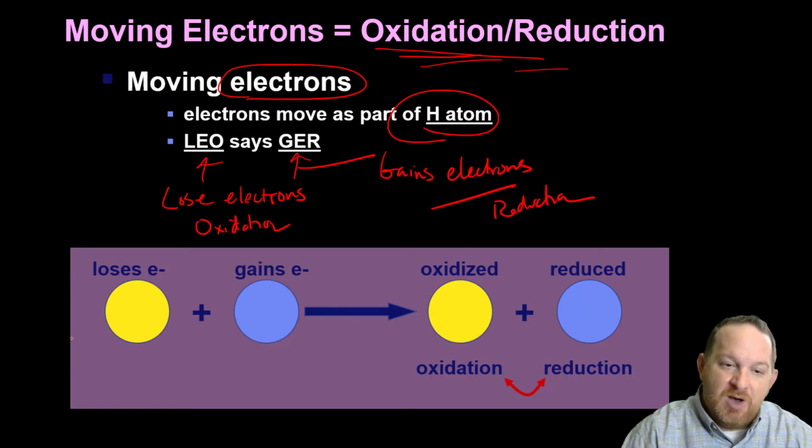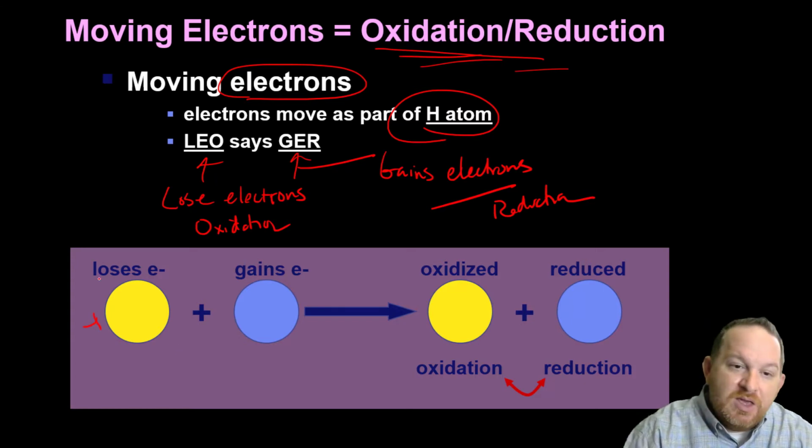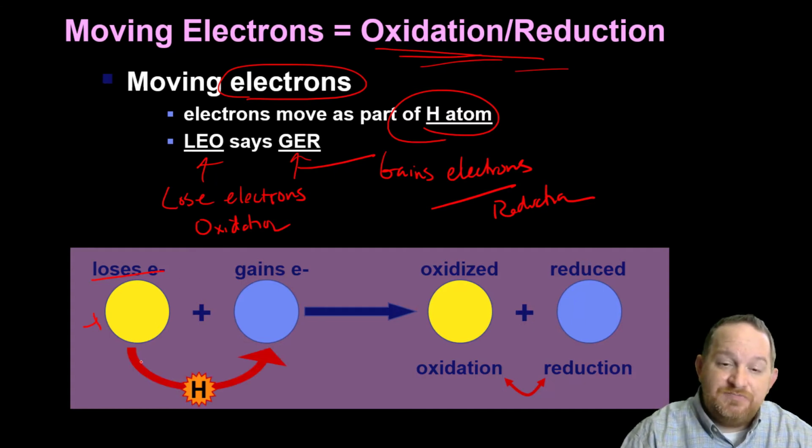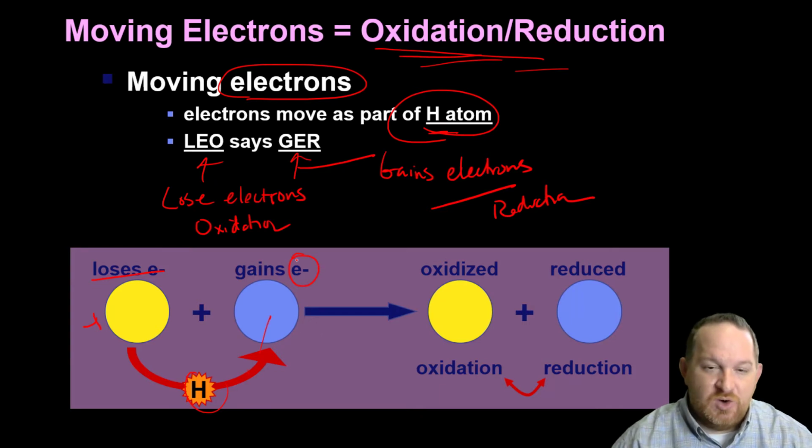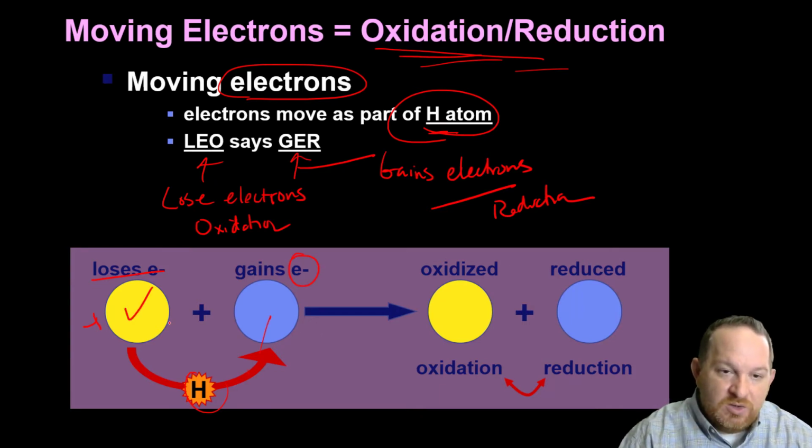So if you take this molecule, whatever it is, if it loses electrons, losing electrons is oxidized. Those electrons have to go with a hydrogen. Remember, electrons move as part of a hydrogen, and come over to this molecule, which is gaining electrons. So this molecule here, because it lost electrons, has been oxidized, and that's what you see there.